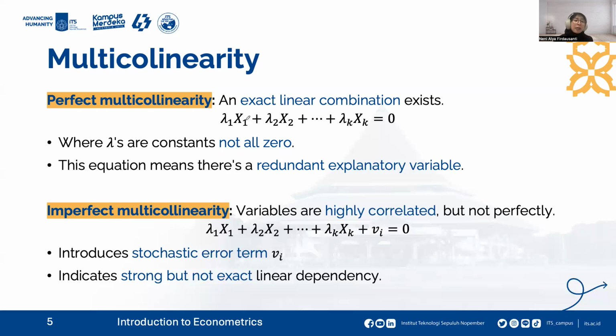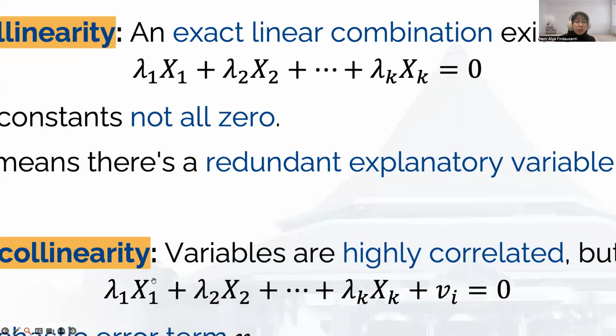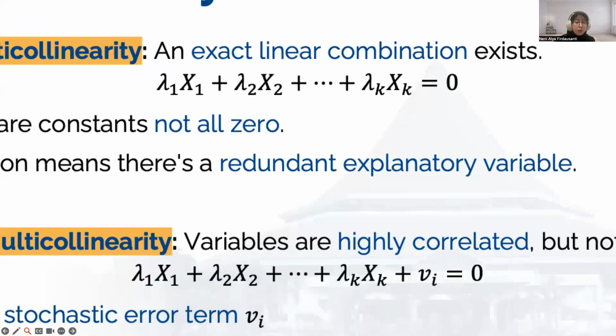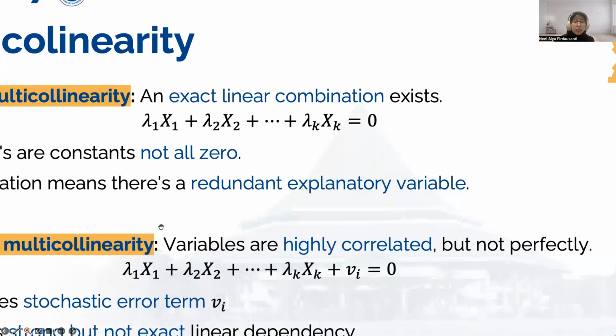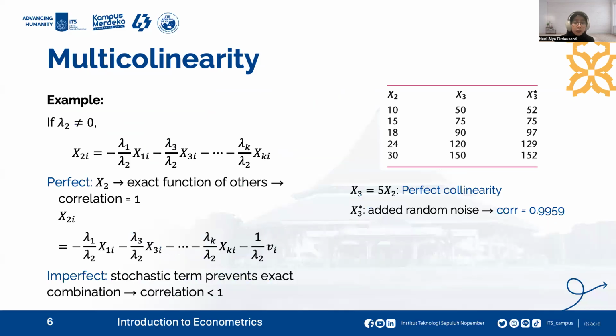And then there's also the second case, which is imperfect multicollinearity. Imperfect multicollinearity means that the variables are highly correlated, but not perfectly. What does this mean?